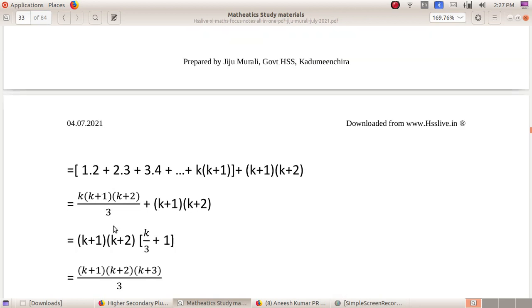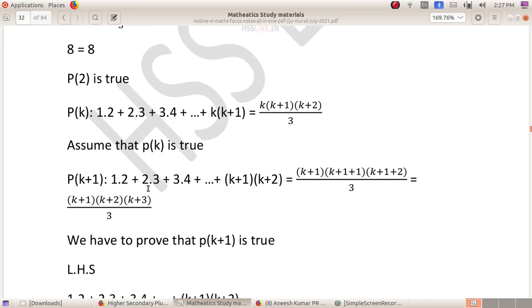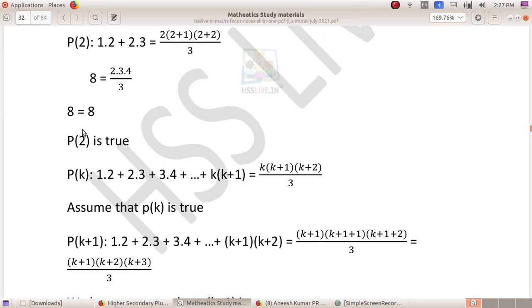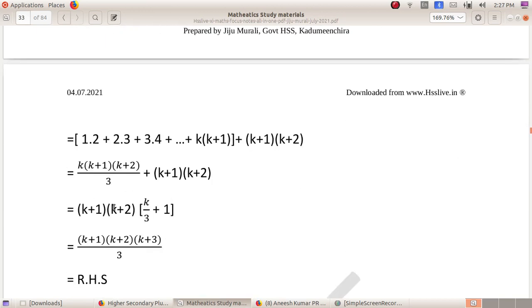From where did we get this? From here. It is true for n is equal to k. By assumption it is true, that is p of k is equal to k into k plus 1 into k plus 2 divided by 3. That is here. Then the remaining term is k plus 1 into k plus 2.